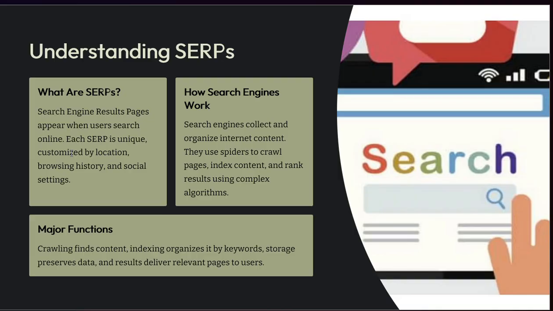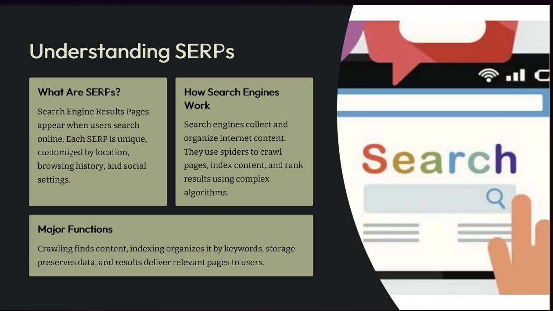So it all revolves around the SERP. SERP is the search engine result page. Whenever you search for something online, you get a unique SERP, customized based on your location, search history, and social settings. Let's break down what happens when you search in a search engine like Google. Google processes your query.